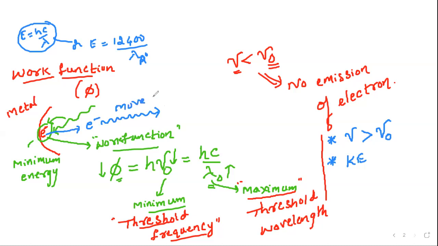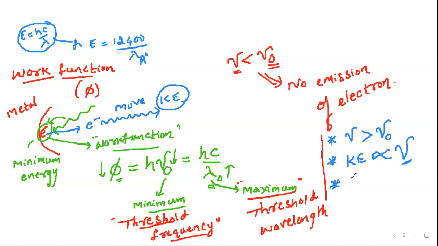Whenever this electron is moving, it will always be associated with what energy? Kinetic energy. Please remember, this kinetic energy is directly proportional to the frequency. I mean to say that as the frequency increases, the kinetic energy also increases, provided this frequency must be more than threshold. Suppose if the incident frequency is less than the threshold frequency, there will be no emission of electrons. So kinetic energy is directly proportional to the frequency.